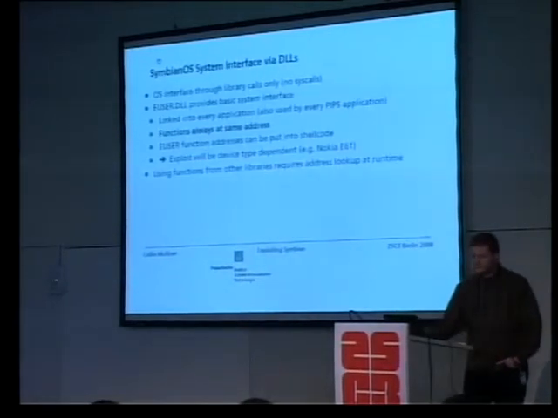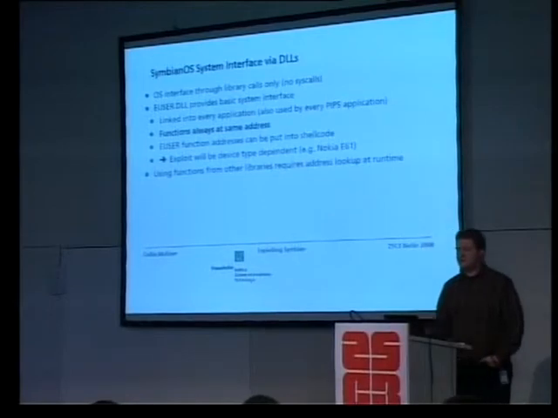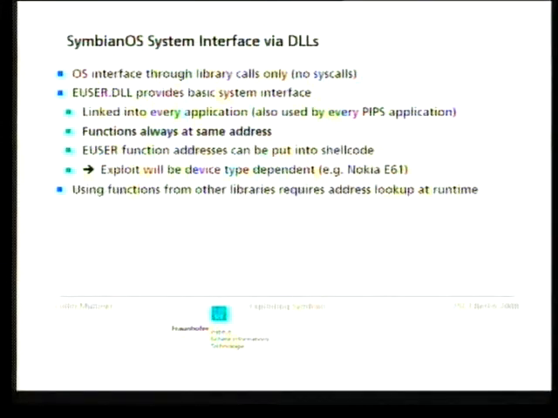If you're familiar with operating systems like Linux and Unix, most of the interface to the system is through system calls, which are very nice for exploitation because calling system calls doesn't require knowing anything about DLLs. You don't have to load DLLs.